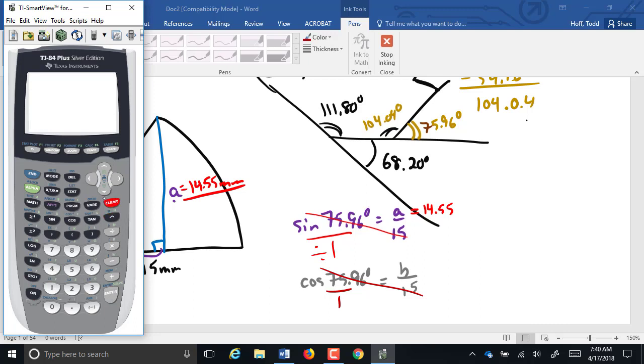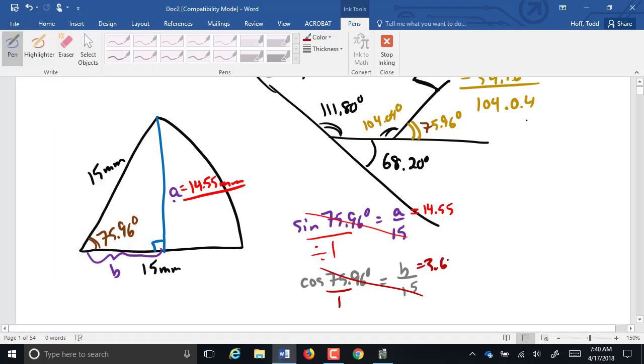Yeah, I got 155. Let me try again. 3.64 is correct. So that's 3.64 millimeters, which makes this over here 11.36 millimeters.